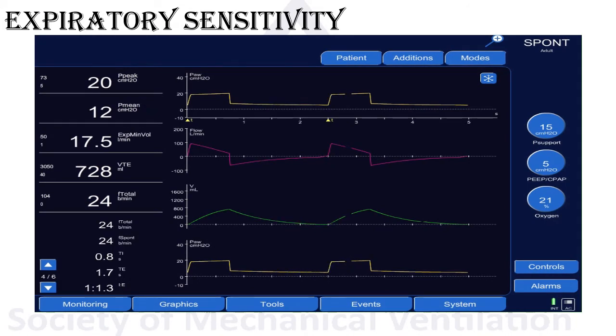Now we'll talk about something called the expiratory sensitivity. Again, it goes under different names in different ventilators, sometimes called ES.